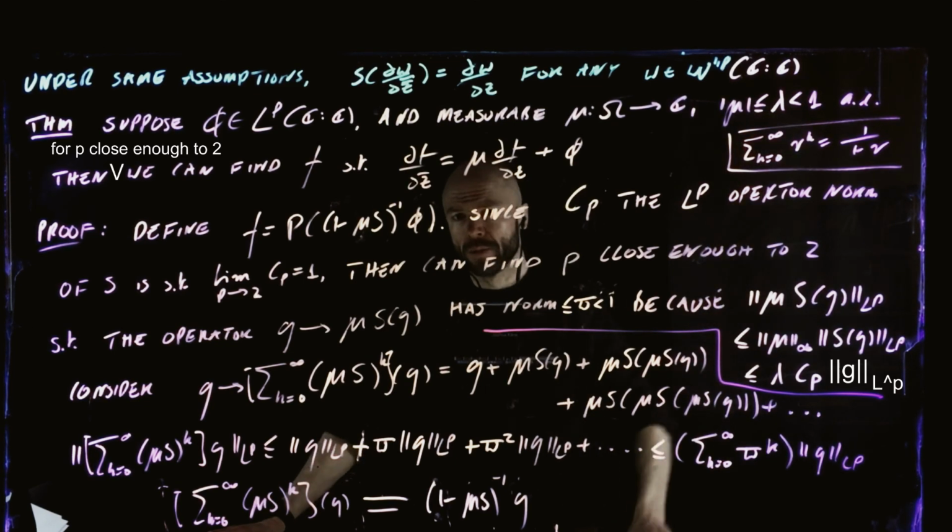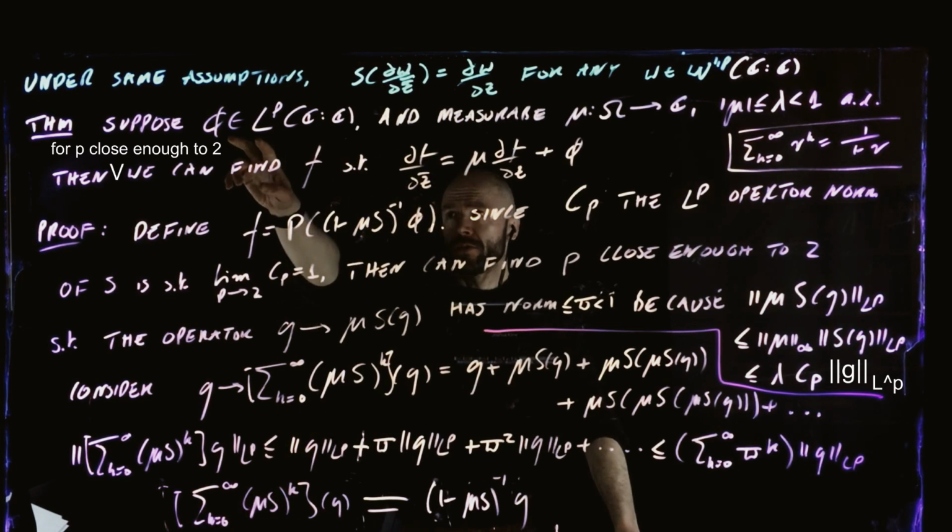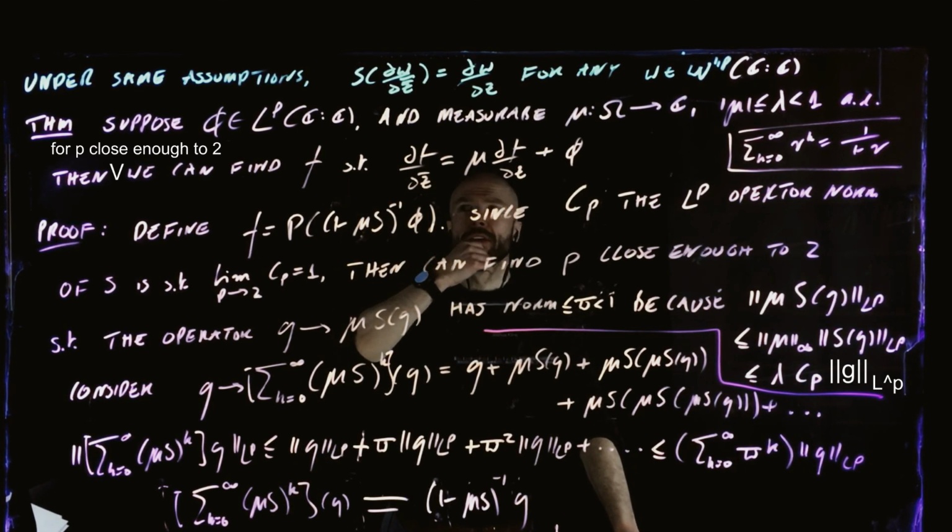So I should have said the lambda first, and then we can find p sufficiently close to 2, such that if we have this guy in LP, then we can solve this. So this formulation is really, really bad, what I just did here. Okay, I think I'm going to have to state that theorem again on Wednesday. But yeah, thank you for pointing it out.